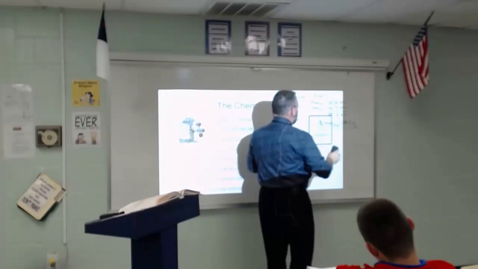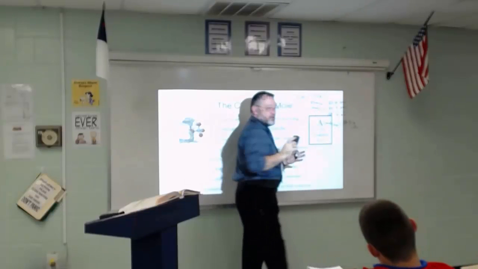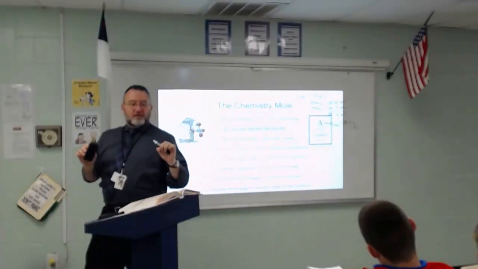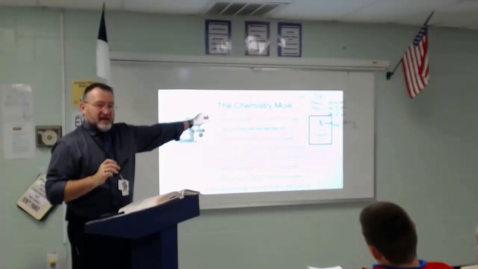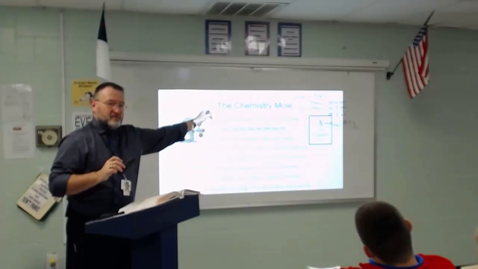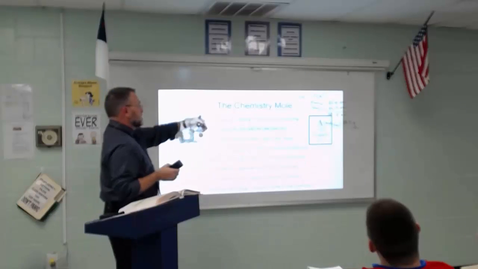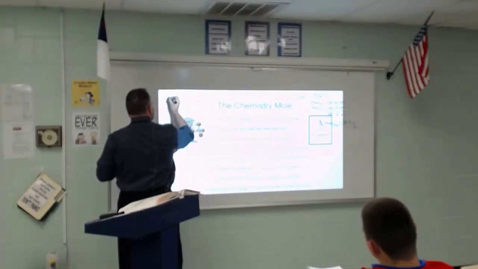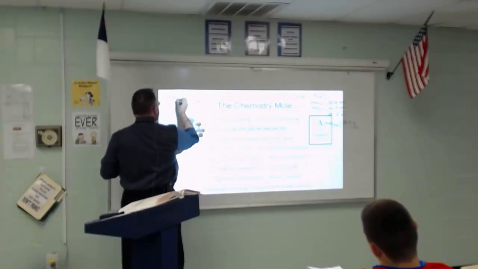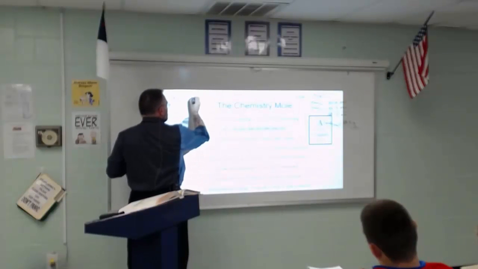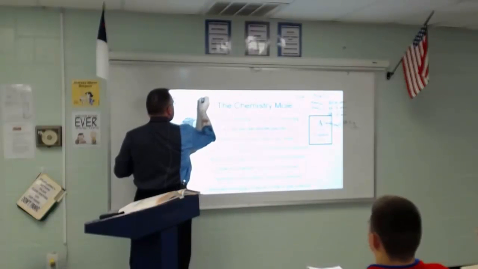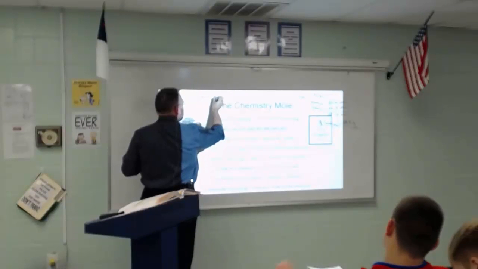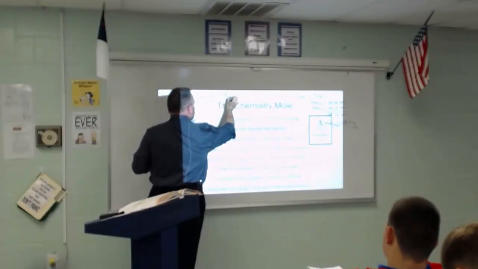Do you understand the idea of finding the mass of a molecule by adding up the masses of the components? Yeah. Okay. So you accept the fact that 1 molecule of sodium chloride relates to 58.5 AMU.